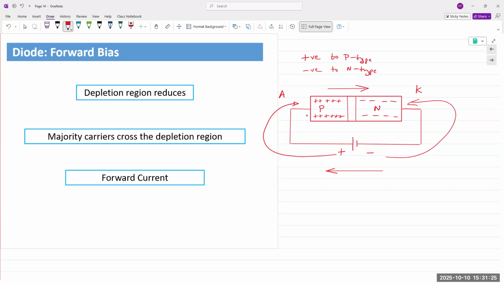So until that junction barrier is overcome, there is no current flow. But once it's overcome, there's a heavy influx of carriers. And now we have an exponential increase in the current for a very small increase in the voltage. And this is known as the forward mode of operation. Hence, forward bias and forward current.